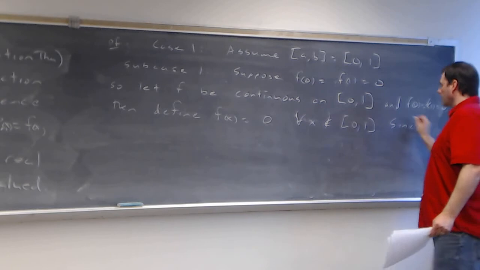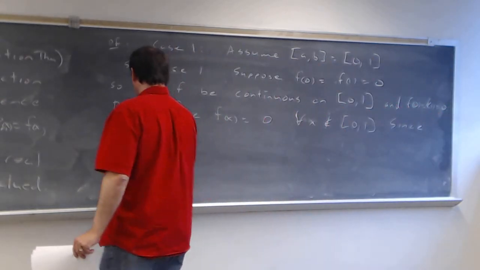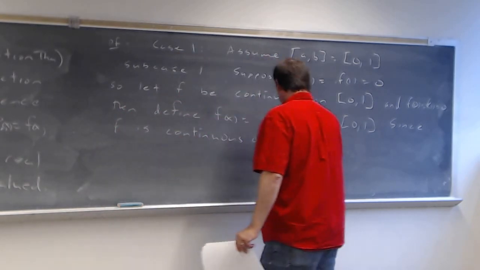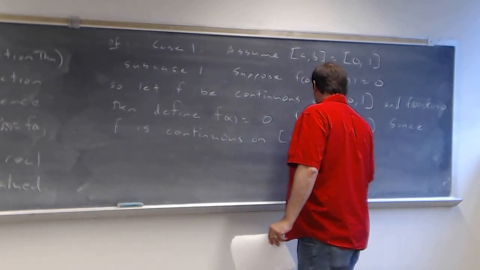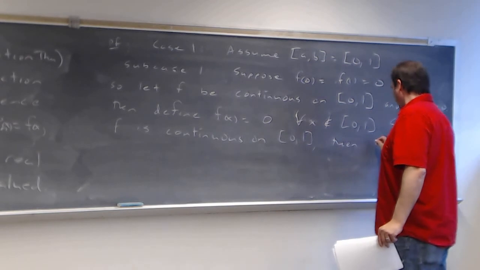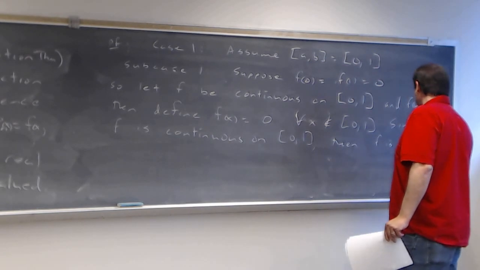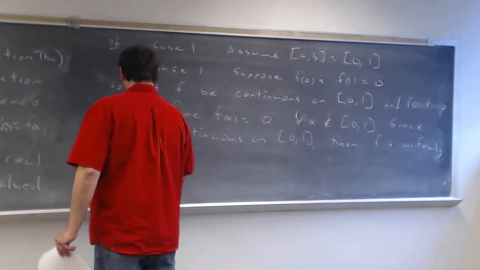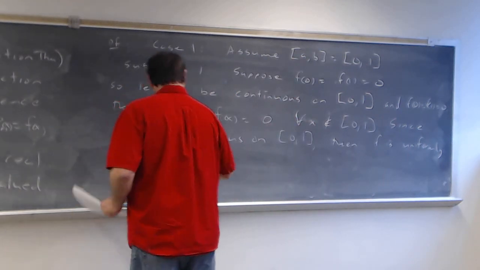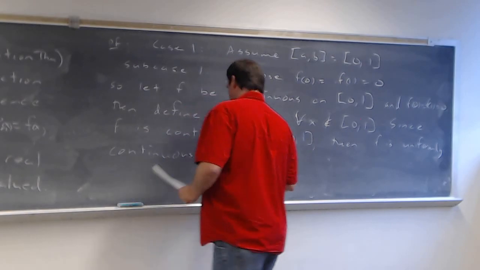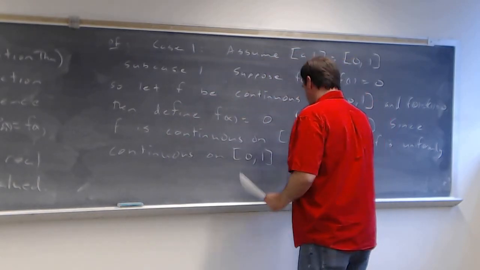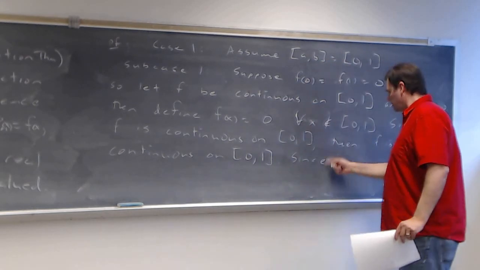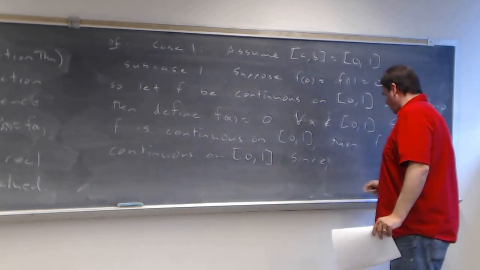Since f is continuous on 0 to 1, and 0 to 1 is compact, then f is uniformly continuous on 0 to 1. And therefore, I'll say this in a more systematic way.